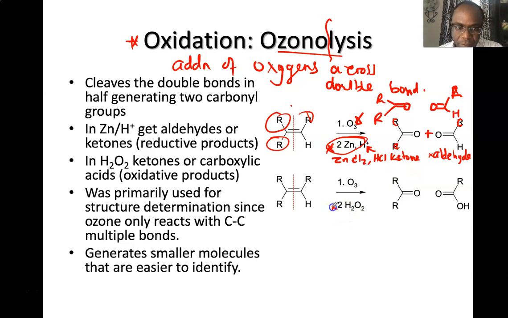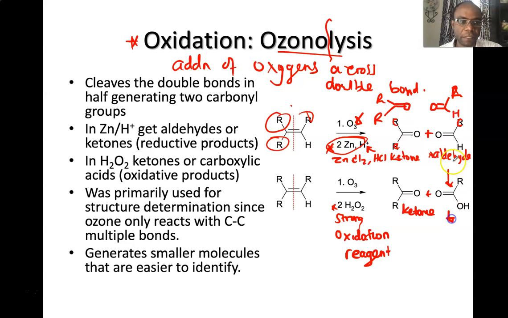If you're using hydrogen peroxide, this is a strong oxidant. It's a strong oxidation reagent. So the aldehyde will not survive. The ketone will stay the way it was. The aldehyde will be formed all right, but it's going to go one more step and get oxidized to the carboxyl group, the carboxylic acid.